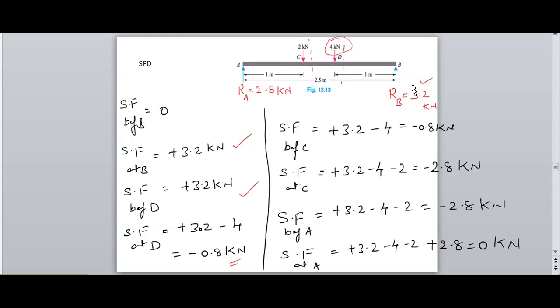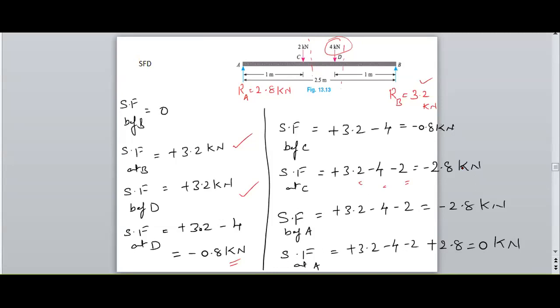Initially I have 3.2, 4 and 2. 3.2 is moving in the upward direction, 4 is moving downward so it is negative, and 2 is moving downward so it is negative. Therefore, I am getting minus 2.8 kilonewton.